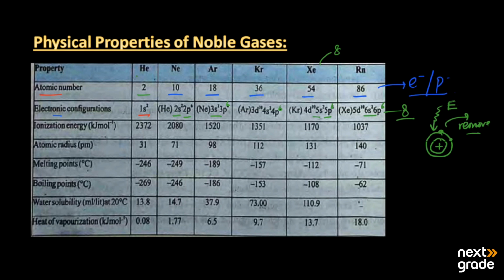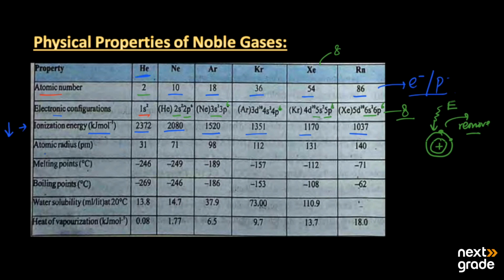Now the ionization energy of helium is 2372 kilojoule per mole, which is the unit for energy. Then for neon, we have 2080, argon 1520, krypton 1351, xenon 1170, and at the end we have radon. So when we move from top to bottom in the group, their ionization energy decreases.